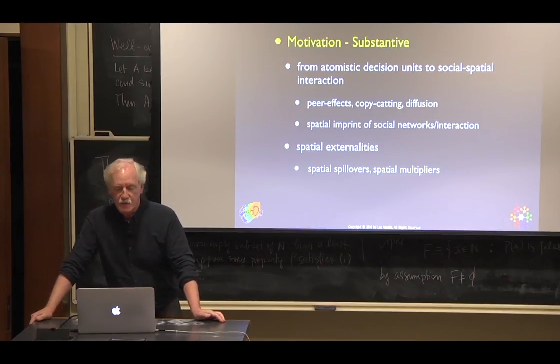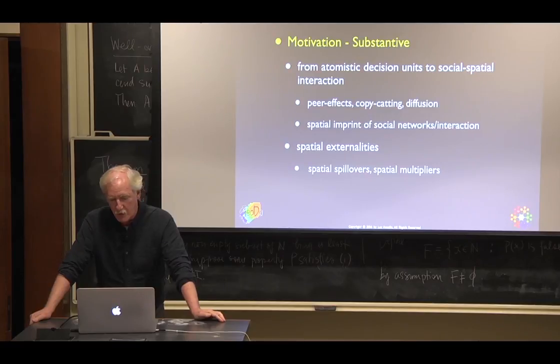Peer effects, how you get influenced by others, how others adopt what you are doing, the diffusion of thoughts, of innovation, of techniques, of political ideas. How do the social networks that exist represent themselves spatially or geographically, and vice versa? Do geographic networks have a social network counterpart?